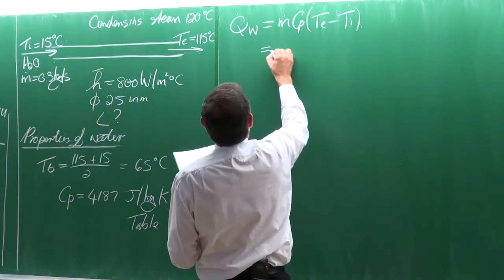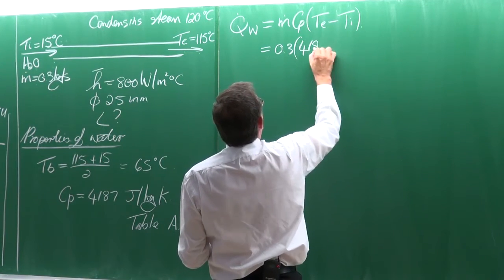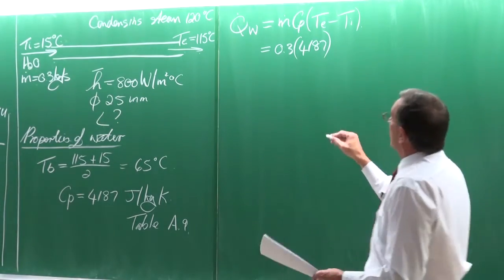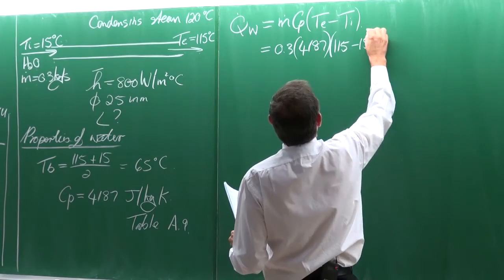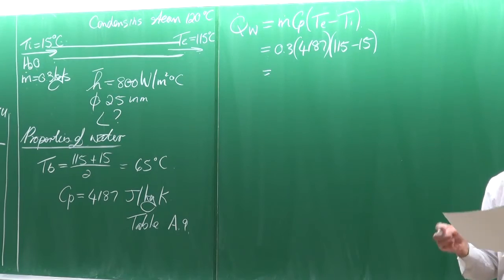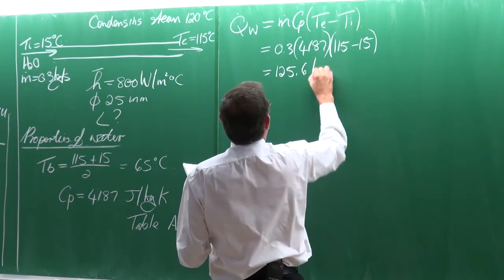The mass flow rate of the water is 0.3. The Cp is 4187. The outlet temperature is 115 and the inlet temperature is 15. So the heat transfer rate that will occur will be 125.6 kilowatts.